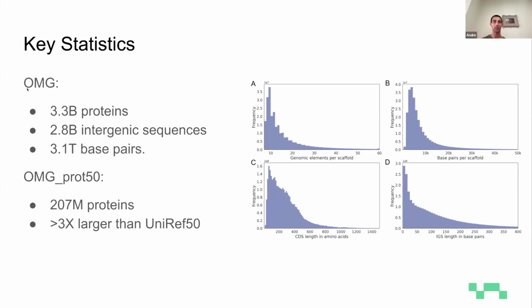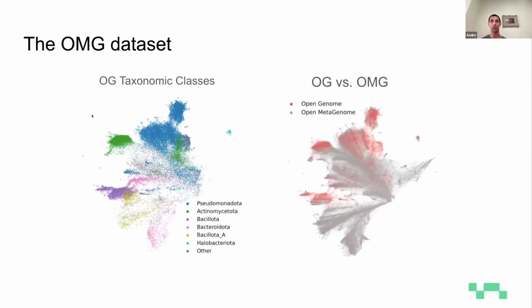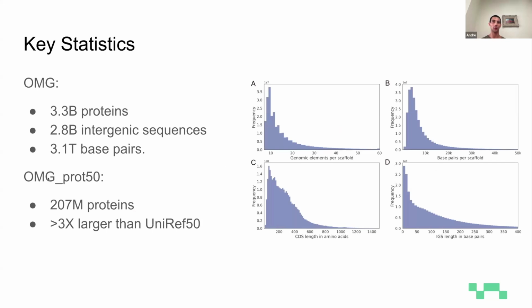So we actually release 3 data sets: OMG, the Open MetaGenomic dataset; OG, which I mentioned here, that's a subset with taxonomic labels; and then OMG Pro 50, which is a protein-only data set that's clustered at 50% sequence identity.